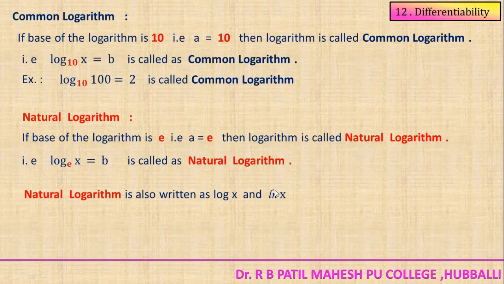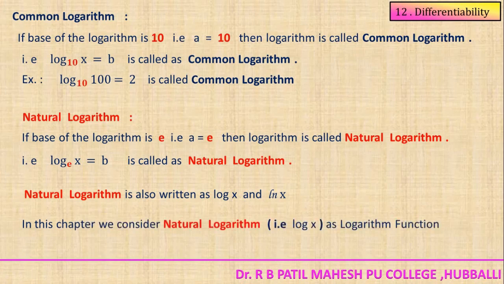This is also natural logarithm. And this natural logarithm only is considered as the logarithmic function in this chapter. That means we discuss the log x function with base e.